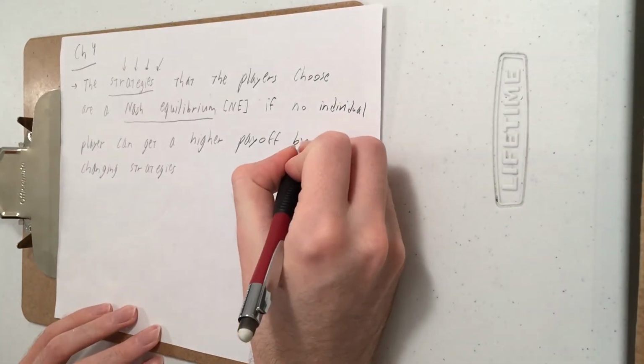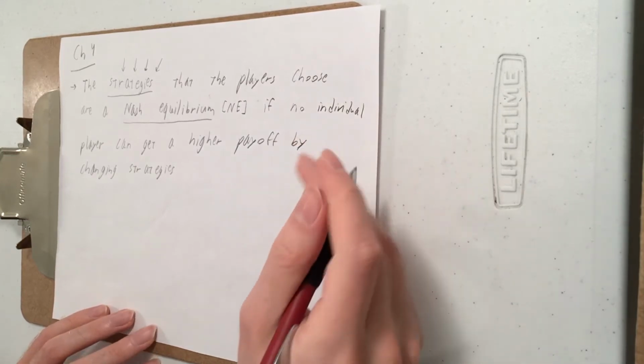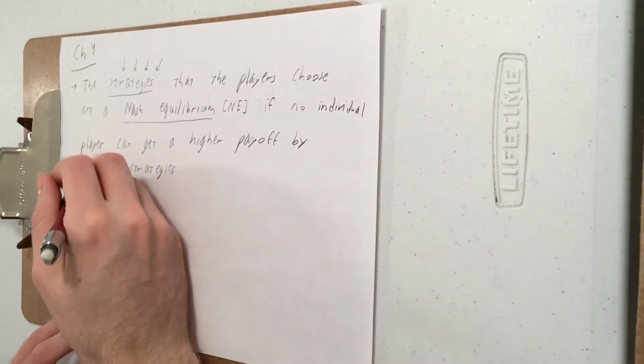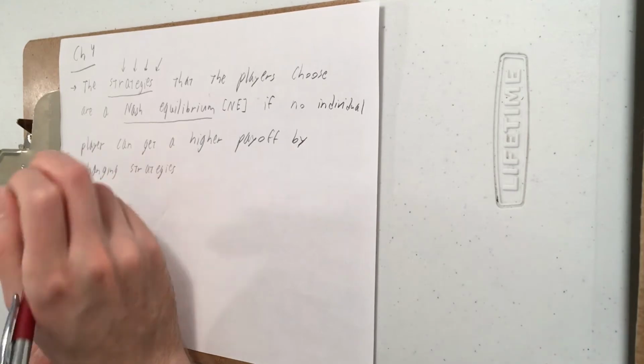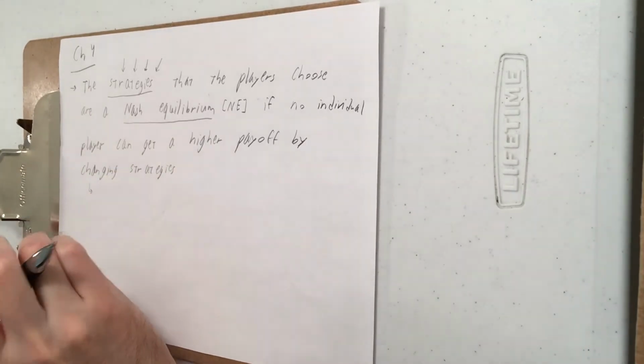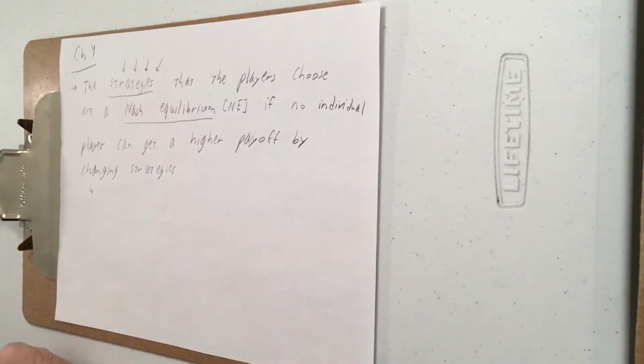Just means that you can't get a higher payoff by doing something differently. There is an equivalent definition that we'll talk about in some other part of the chapter.